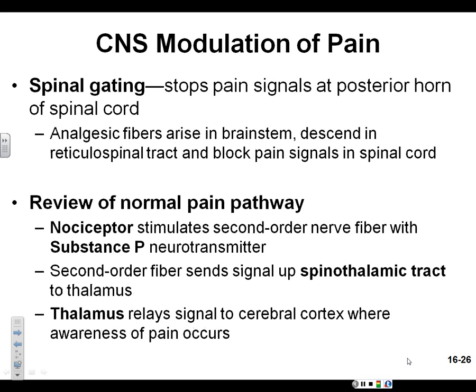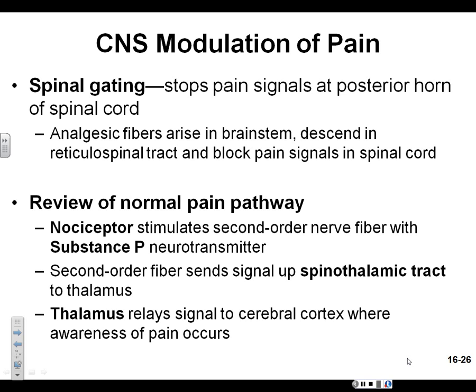Again, spinal gating stops pain signals before they enter the posterior horn of the spinal cord. So now the analgesic fibers are going to rise into the brain stem and descend by way of the reticulospinal tract to alleviate the pain signal. When pain is being felt, nociceptors release a substance called substance P at the second order neuron.